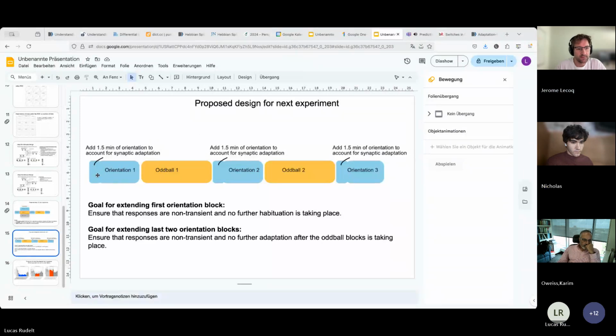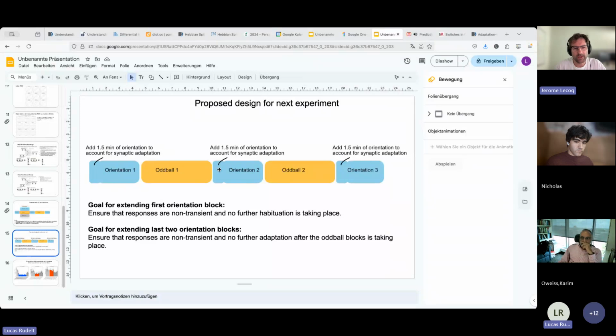Yes. Okay, just adding 1.5 minutes to each of the orientation blocks, so that we have a period that we can in the end cut out of the analysis to ensure that there's no adaptation from the oddball block spilling over into the orientation block.